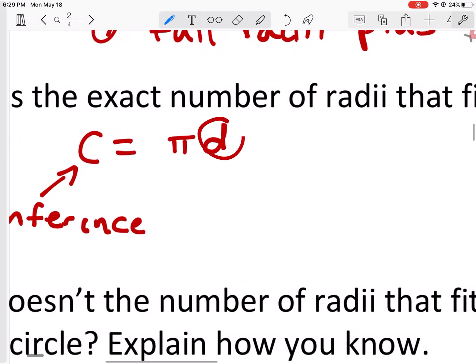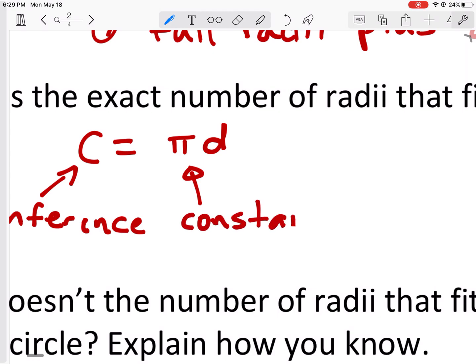So it's the diameter multiplied by pi, which is just this constant of proportionality, which we know is equal to 3.14.